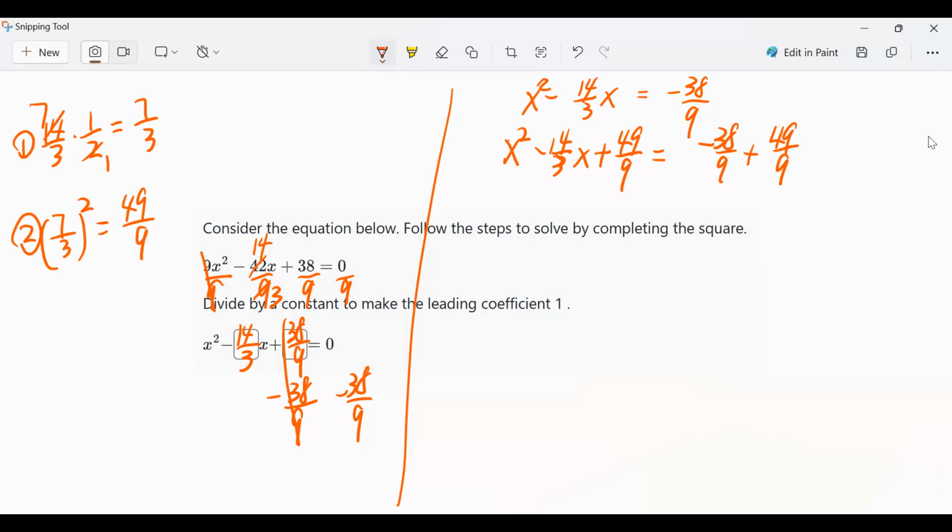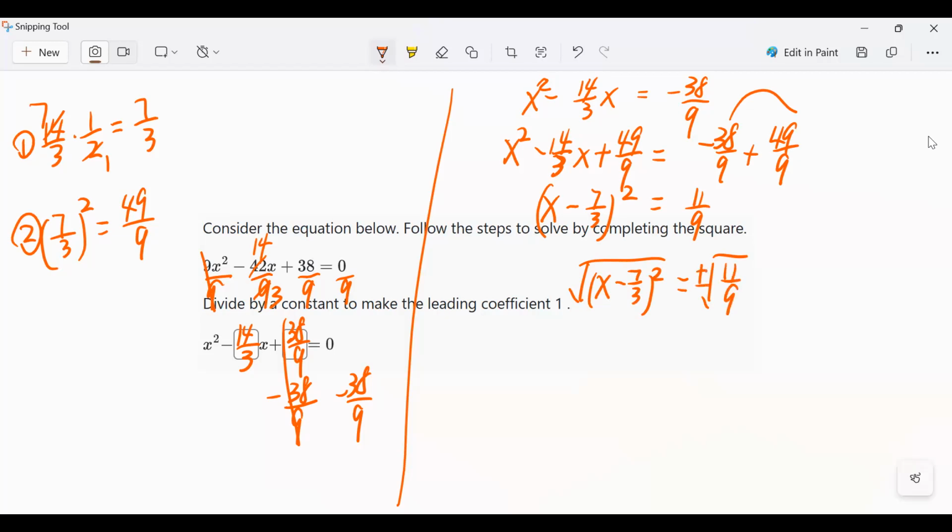Now, the left hand side is a perfect square, so it's x minus 7 over 3 squared. On the right hand side, we combine them: 49 minus 38 is 11 over 9. Now from there, we take the square root on both sides of the equation. x minus 7 over 3 squared equals plus or minus the square root of 11 over 9. Now it becomes x minus 7 over 3 equals plus or minus radical 11 over radical 9, that's 3.